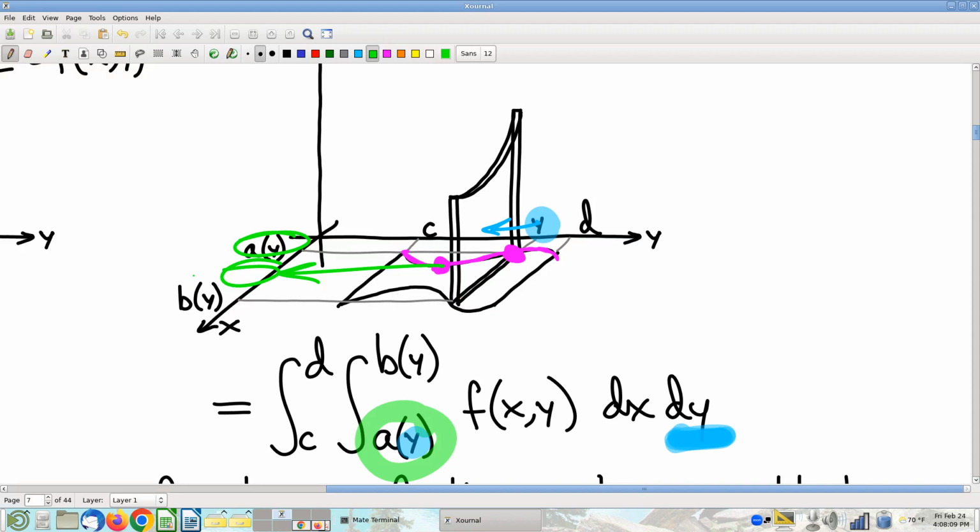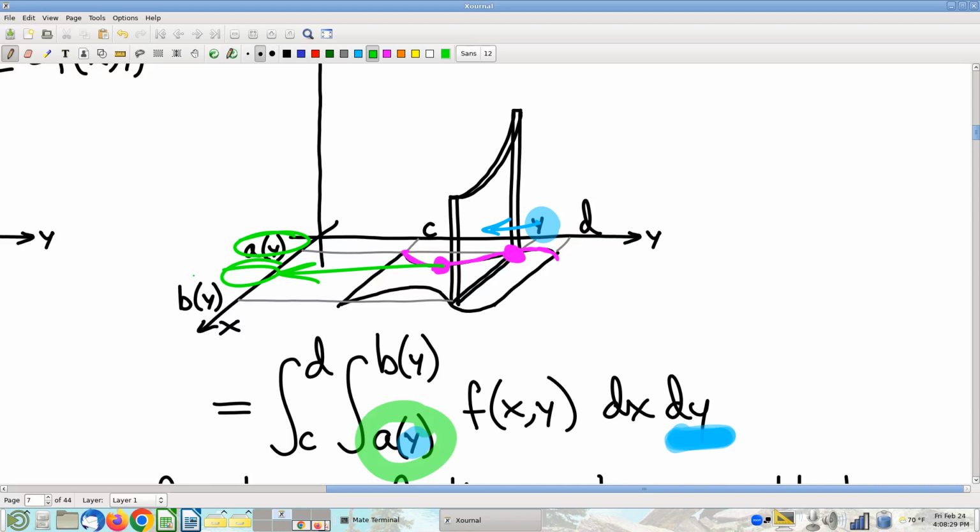So the fact of having curved edges on my domain, that's what makes this lower bound for the inside integral, the dx integral in this case, these x bounds over here, depend on y.